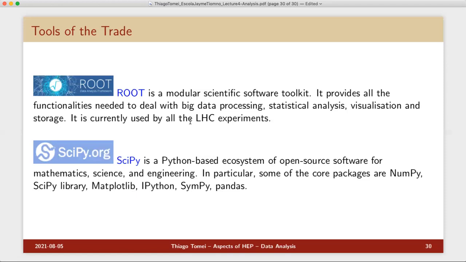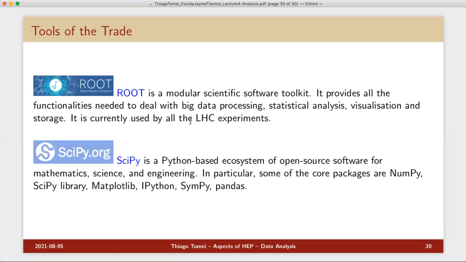You want to sum Lorentz vectors, it's there. You want to save your data into disk in a specific format that's good for the experiments, it does that. ROOT has literally everything that we need. Of course, because it's developed by the people at CERN, it's used by all the LHC experiments.